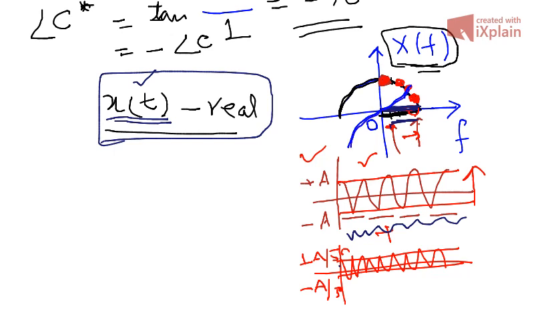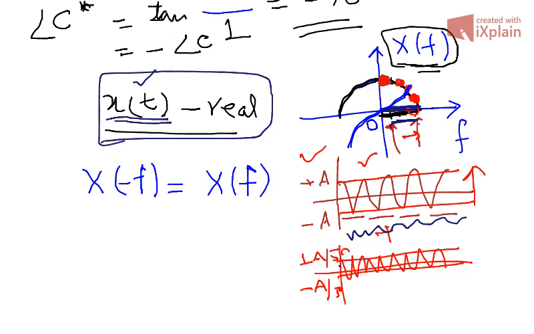If you observe the magnitude response, it is an even function. When we say it's an even function, what do we mean? That X of minus f is the same as X of f.